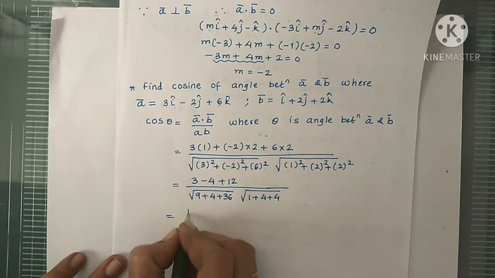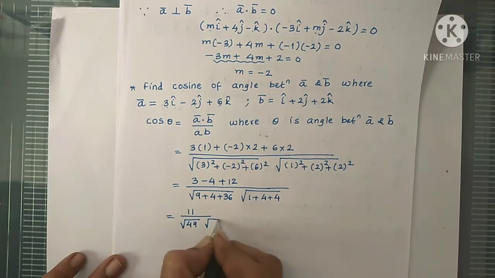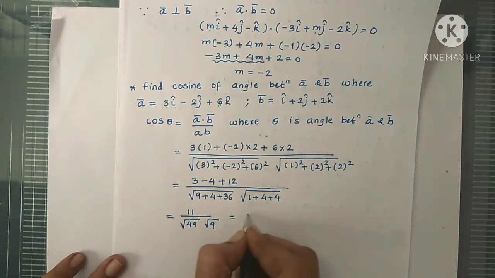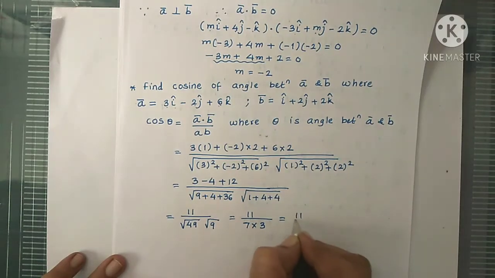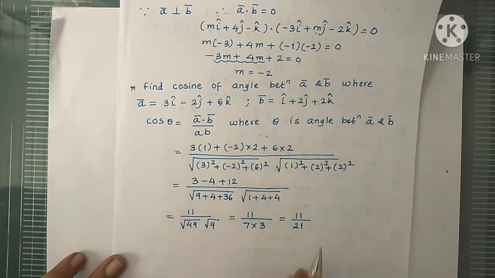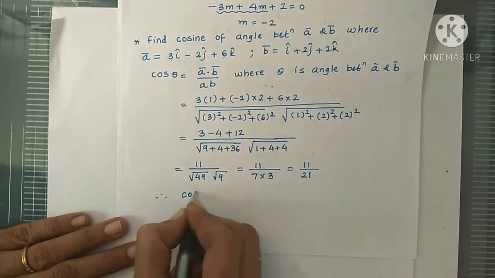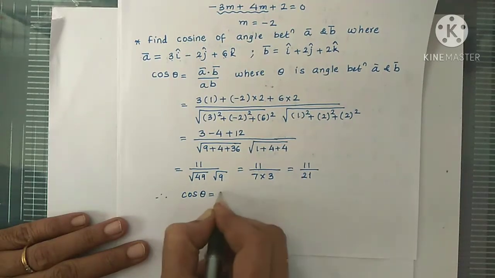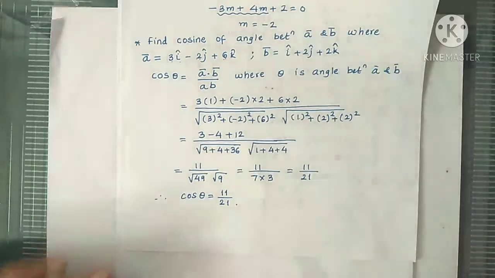Minus 1 plus 12, that is 11, divided by root 49 times root 9. So that is 11 upon 7 into 3. So it is 11 by 21. As cosine of the angle is asked, our answer is cos theta equals 11 by 21.